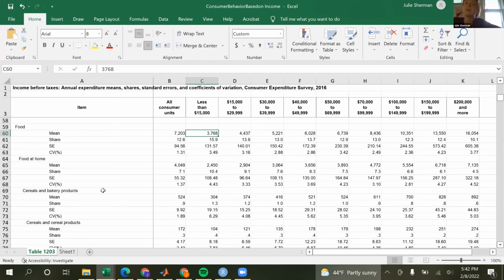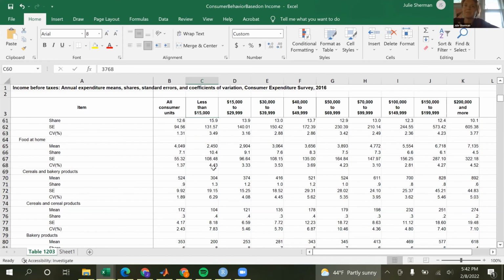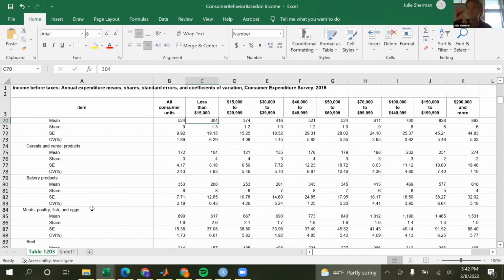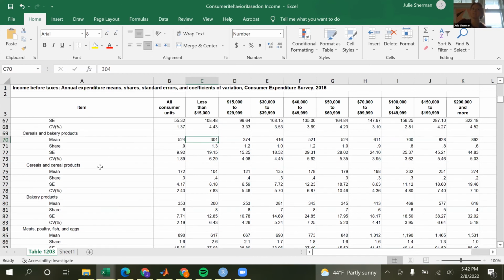It can get broken down into these categories that we've come to love. So cereals and bakery products. So this is now a little bit different than the cereals from the first table because we're not talking about just wheats in general. We're talking specifically, I think, in this first category anyways, cereals and bakery products. The cereal products might be more along the lines of the wheats and that type of stuff. Again, something to check with the default reference.